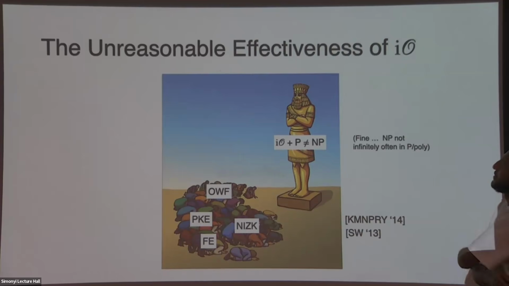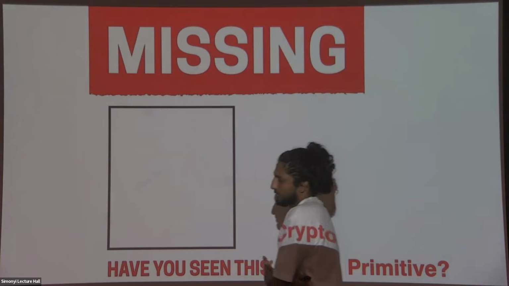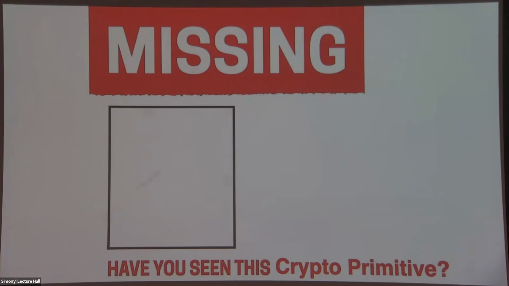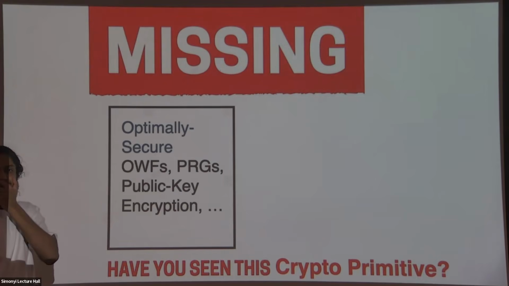So it seems like you can get everything, but I will tell you that there are some things missing from this picture. Okay, so what's missing from this picture? A picture. Oh, yeah, good. The one thing that's missing is the picture, and I guess this isn't a picture either.